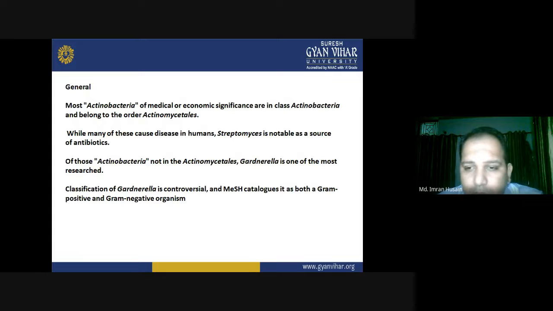Gram variable means the bacteria display the characteristics of gram positive, but sometimes also display gram negative characteristics, right? So all these types of bacteria come under the umbrella of actinobacteria or Gardnerella.